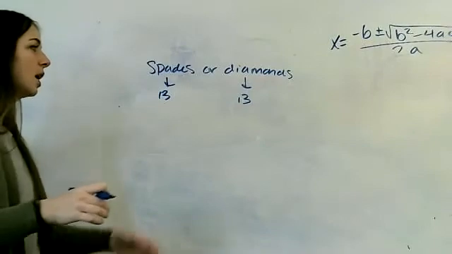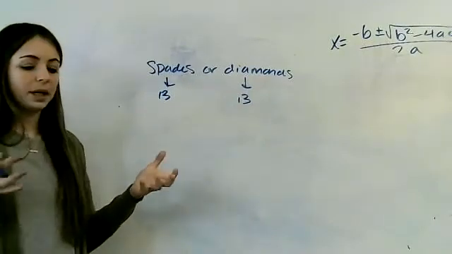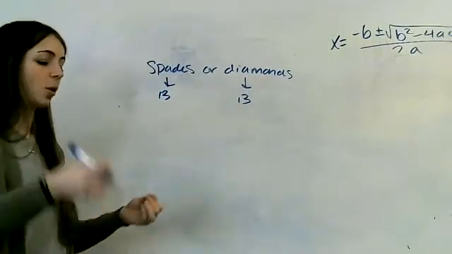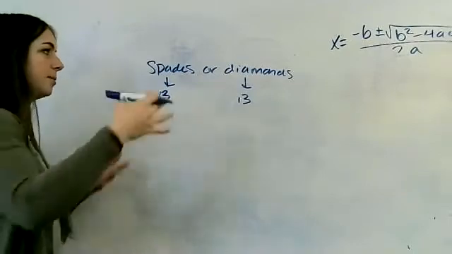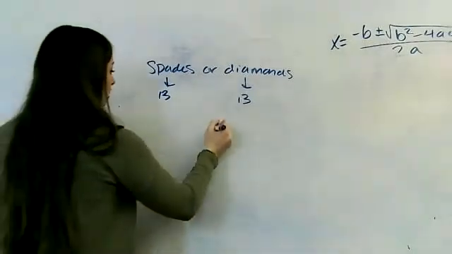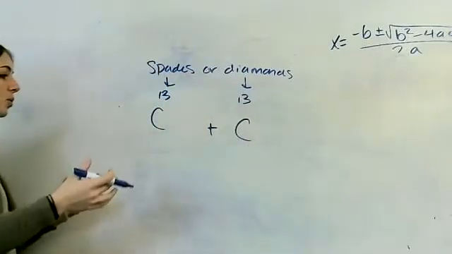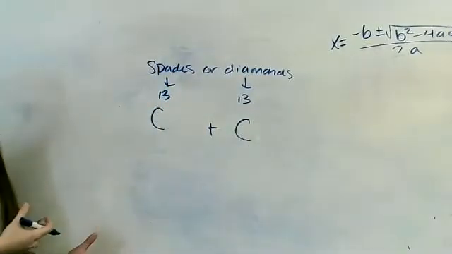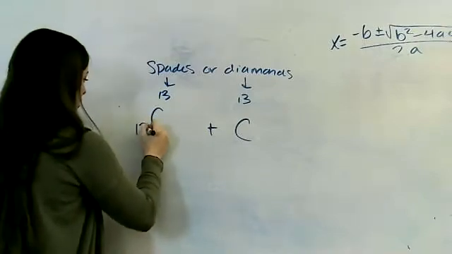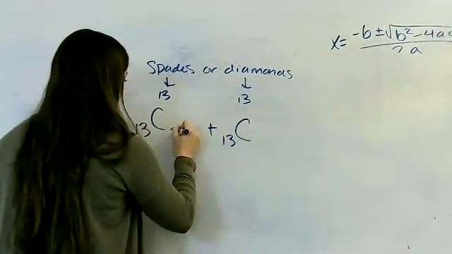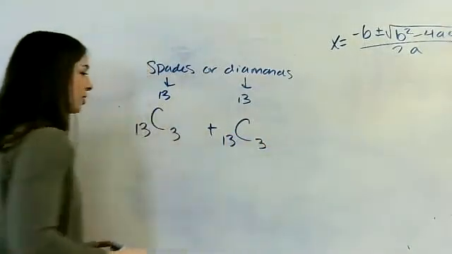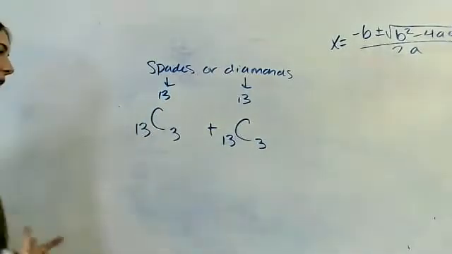Because we're saying how many combinations can you have of 3 diamonds or 3 spades, we're going to keep these separate. I know I'm going to have addition in between. There's 2 different combinations. Both of these have the same total amount, right? So I have 13 total here, 13 total here. I'm also choosing 3 every time.